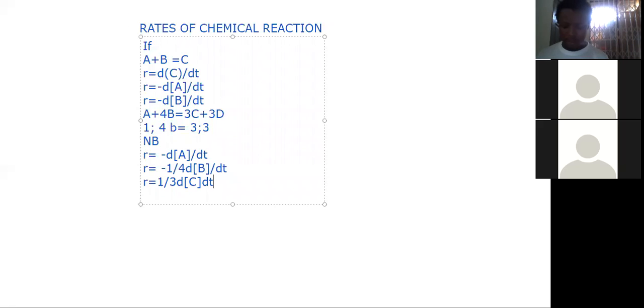So the rate of disappearance of A is 1/3 the rate of formation of C. And so if you want to equate A to this, A to C or any of these, we can say that minus d[A]/dt is equal to this one.